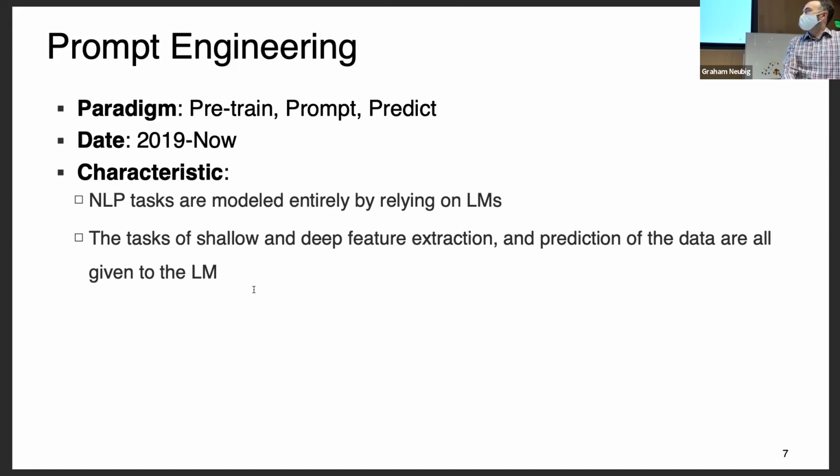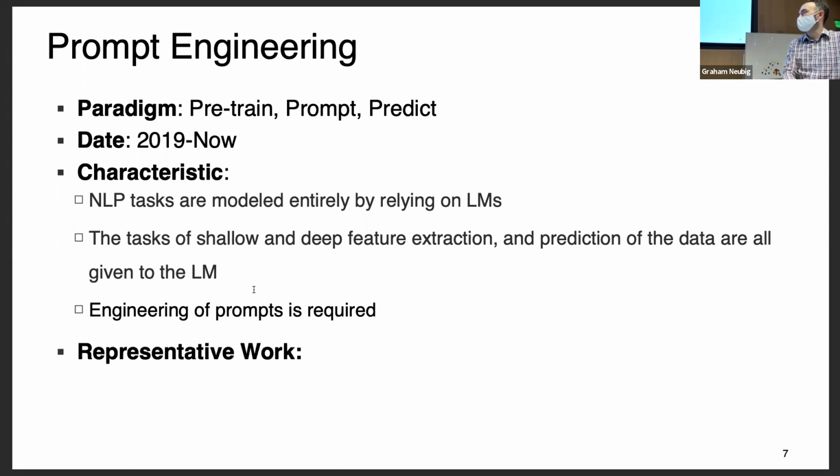Shallow and deep feature extraction, as well as the prediction of the output, are all done by the language model. However, because prompts are used to specify the task that you would like the language model to perform, you need to be very careful in your design of the prompts in order to cause it to do a particular thing. One example of this that made this very popular is GPT-3, a large language model that was combined together with prompting.